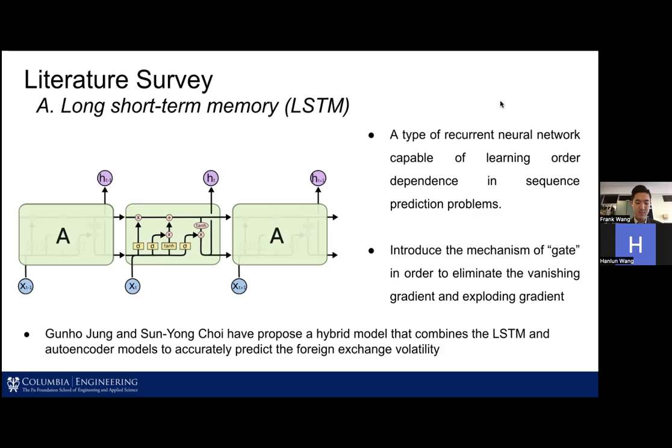This model also introduced the mechanism of gates in order to eliminate the vanishing gradient and the exploding gradient. We mainly use the paper below to help us understand this model. And the next.